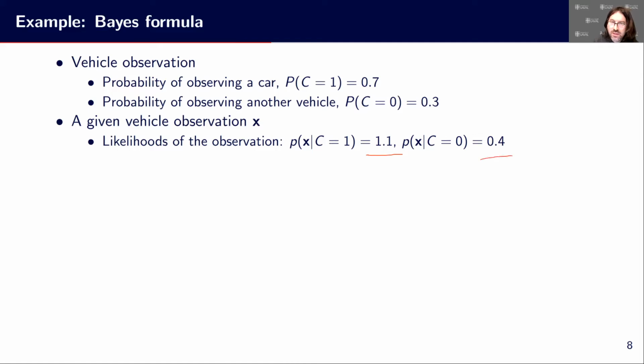Likewise, if we assume that this is coming from class 0, the likelihood of getting that X is 0.4. You can see here that the likelihoods are not bounded at 1. The likelihood can be between 0 and infinity, but it integrates to 1. And the sum of the likelihoods is not equal to 1 or anything else. There is no limit on that.